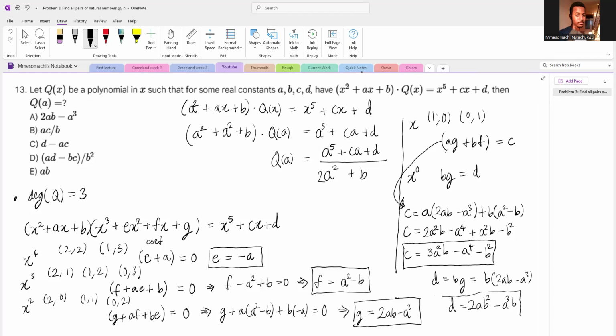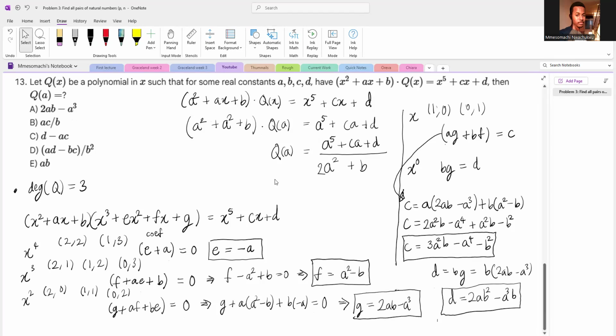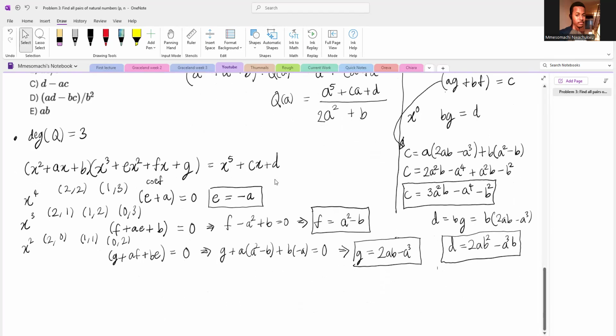Okay, let's go back to our expression and see if we can simplify it. Let me scroll down a bit. So we have Q of A is equal to A to the power of 5 plus CA plus D, all over 2A squared plus B. So let's substitute.